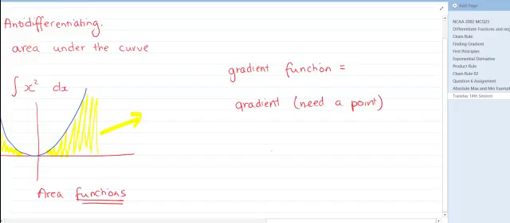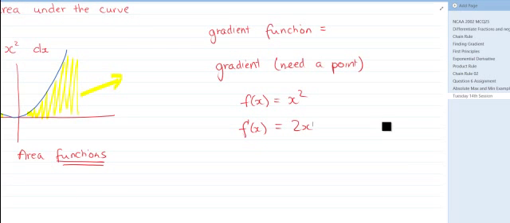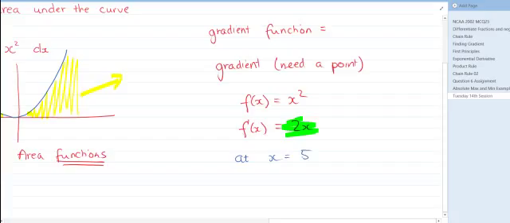Let's say I gave you f of x equals x squared, and I say find the derivative, which is f dash of x, you tell me it's 2x. But that doesn't tell me the gradient. That just tells me a function for the gradient. When you want to find the gradient, I might say find the gradient at x equals 5.